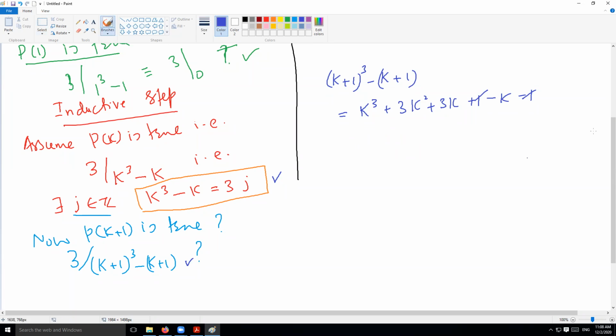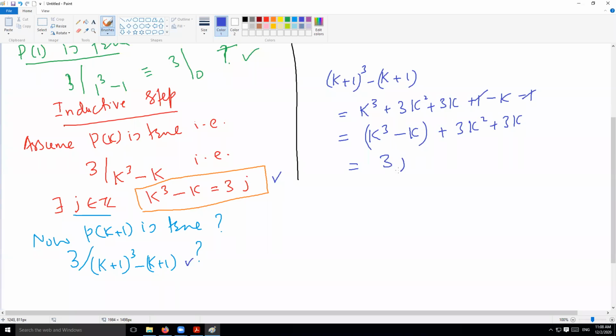Okay, so some people are really following it. So I can rewrite this expression as k cube minus k, plus 3k square plus 3k. And what do I know about k cube minus k? It's equal to 3j.